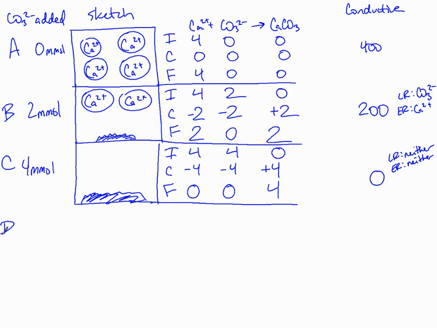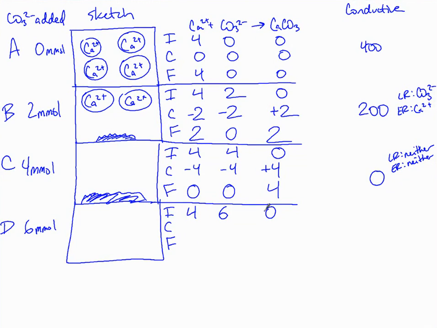Step D, so we're starting the reaction over completely. We're adding 6 millimoles of our carbonate ion this time. Beginning with the chart, starting with 4 millimoles of calcium, 6 millimoles carbonate, 0 the product.